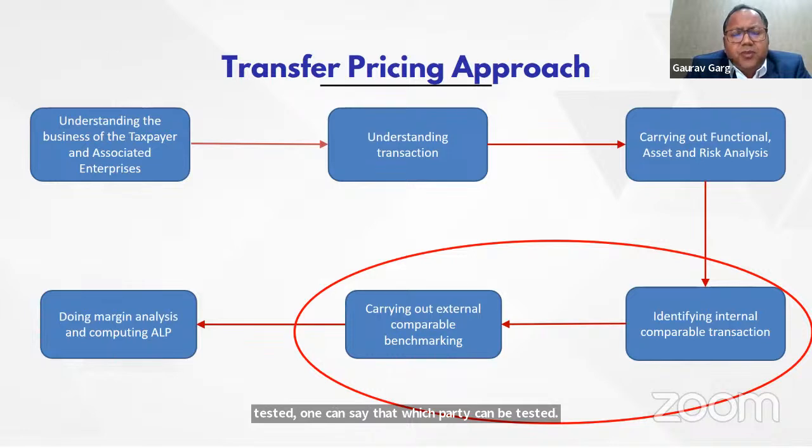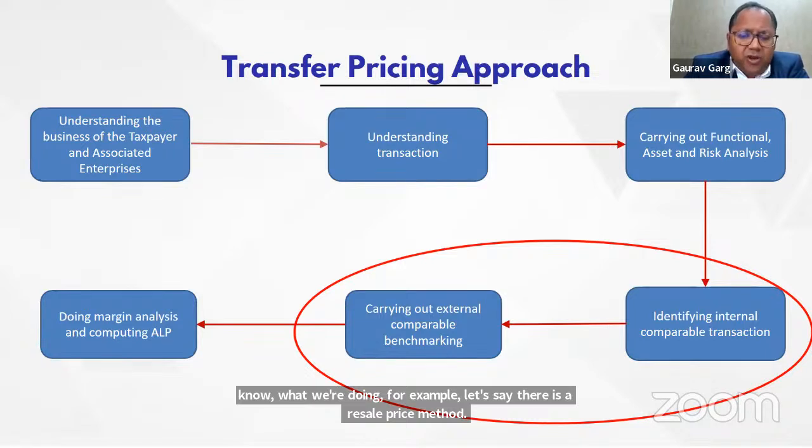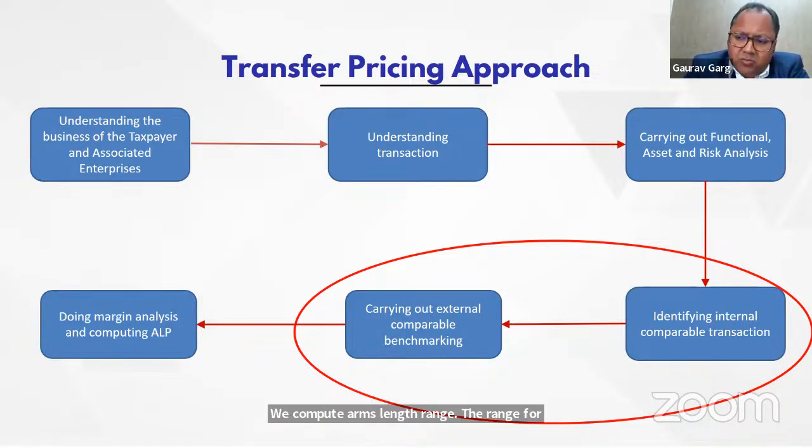Because if you are aware of transfer pricing, for example, let's say there is a resale price method. We compute the arm's length range, for example, the distributor should earn 5 to 7% in a particular market or jurisdiction. Then when we say the distributor should earn 5 to 7%, this is the arm's length range. In one way, we are ensuring that this should be the minimum or maximum margin of a distributor for the functions which that entity is performing.